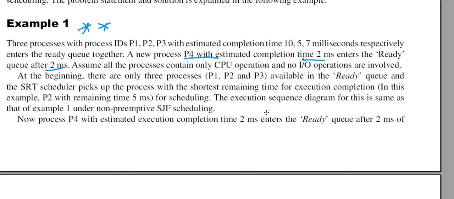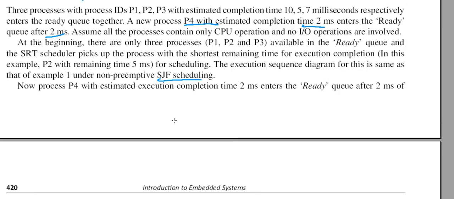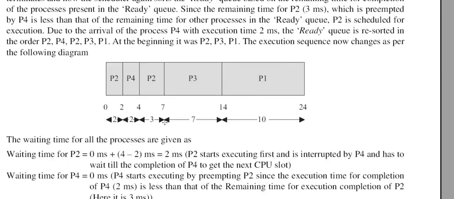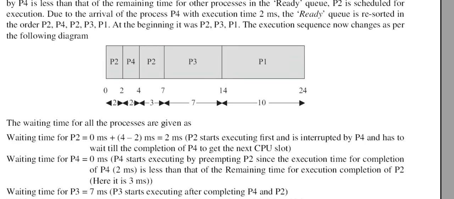You have to calculate the average waiting time and average turnaround time using preemptive SJF scheduling. In the previous one, we did non-preemptive. Now it is preemptive, which means it will stop if the new one has less time.